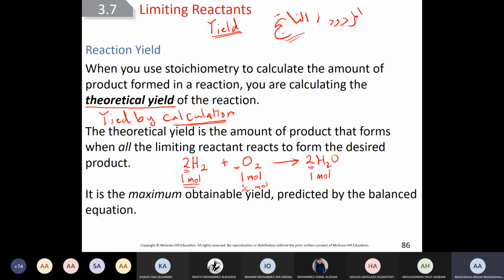So 2 mole will react with 1 mole to give you 2 mole. But I have 1 mole. It will react only half mole to give you 1 mole. This 1 mole is called theoretical yield.